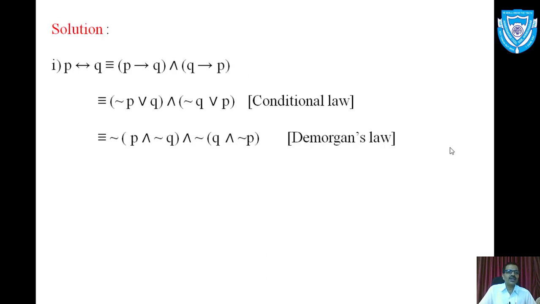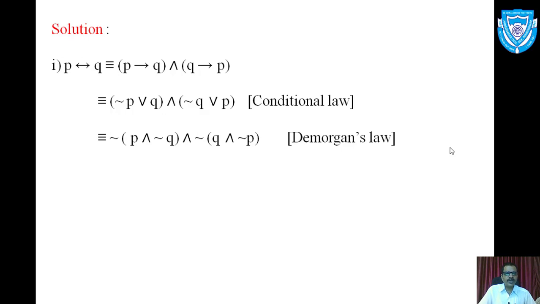According to the biconditional law, P double implication Q can be written as P implies Q and Q implies P. Now according to the conditional law, P implies Q can be replaced by negation of P or Q. Also Q implies P can be replaced by negation of Q or P. And now you can use De Morgan's laws.